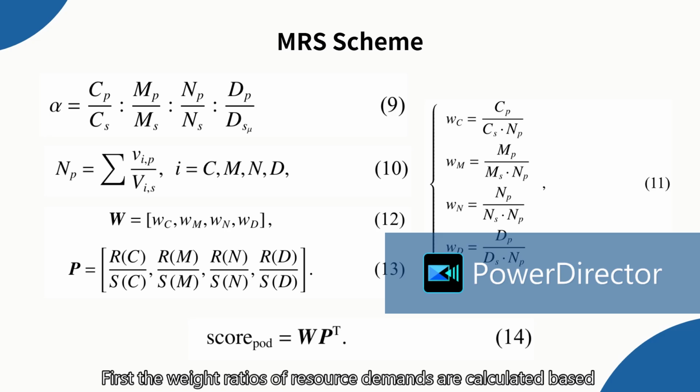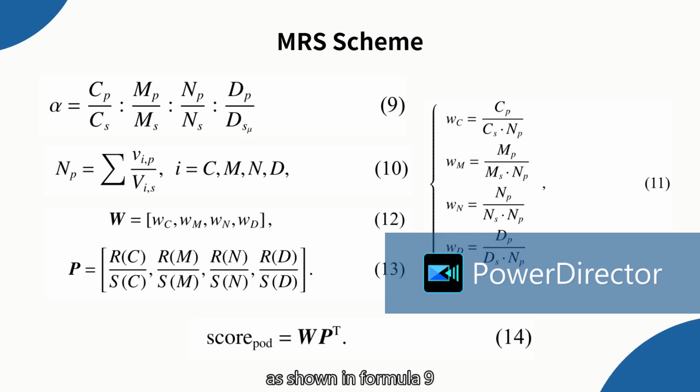Now let us look at how resource weights are calculated. First, the weight ratios of resource demands are calculated based on the pod's requirements relative to standard reference values, as shown in Formula 9. These ratios account for the pod's demands for CPU, memory, network bandwidth, and disk in comparison to predefined standards.